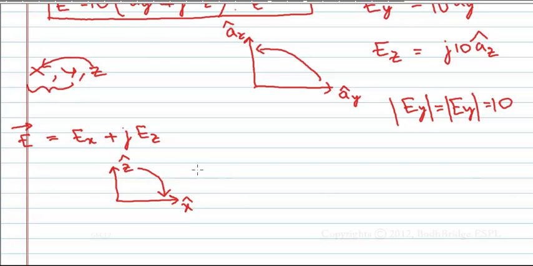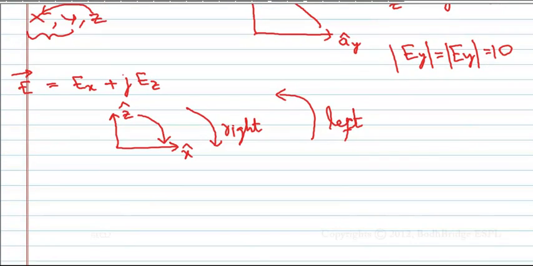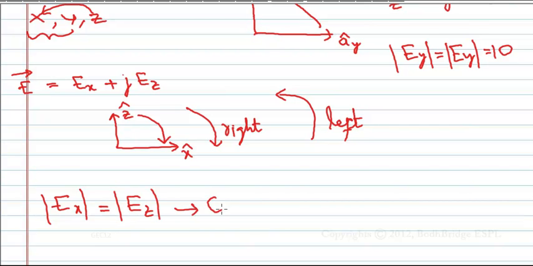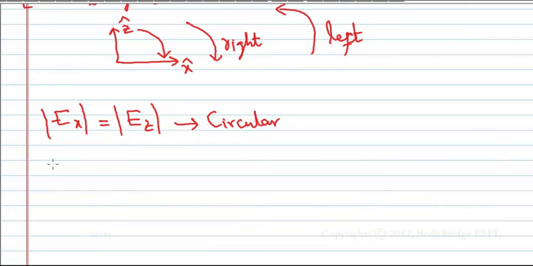Therefore, this is right circular, and this is left. And you can say only left polarization. You cannot say circular or elliptical. Circular implies when the Ex magnitude is equal to the Ez magnitude, then it is circular. If Ex is not equal to Ez, then it is elliptical.